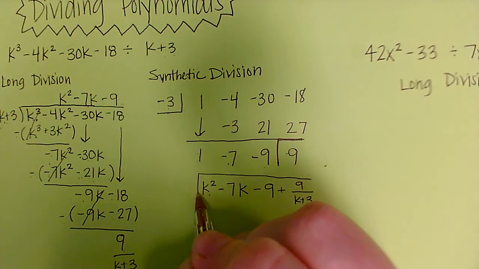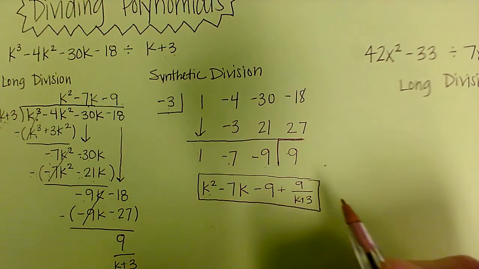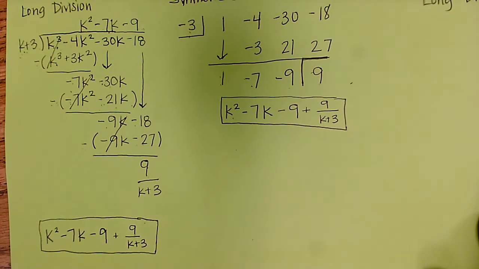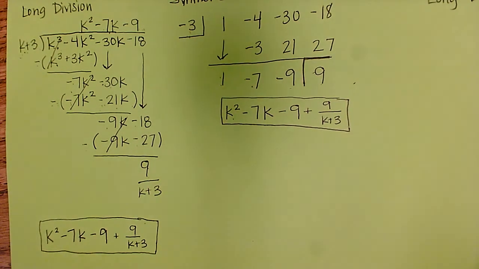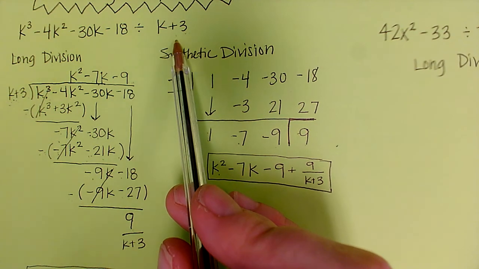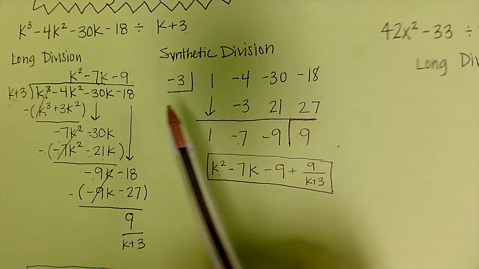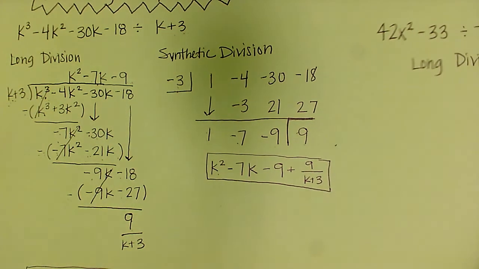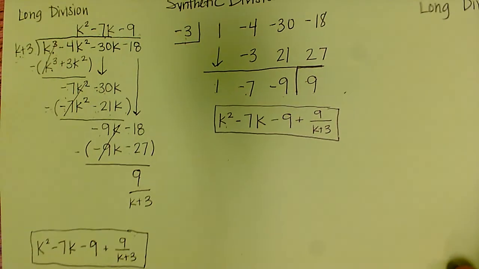And that is your final answer. Much more simple, less work, same answer. Remember, you can only use that if you have a divisor that is a single letter plus or minus a number. Nothing else.